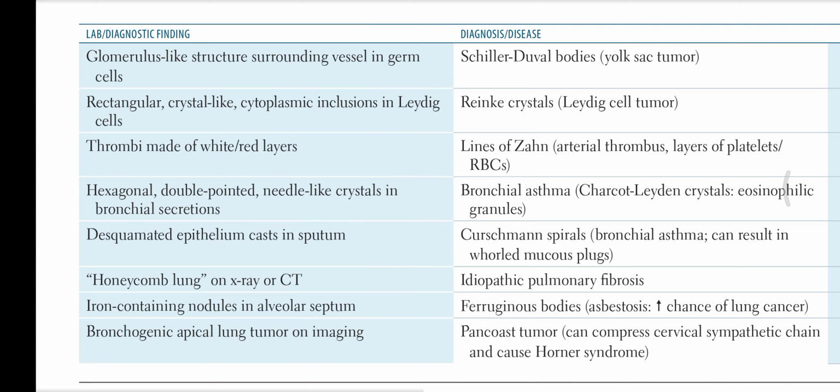Desquamated epithelial cast in sputum. That is Curschmann spirals.